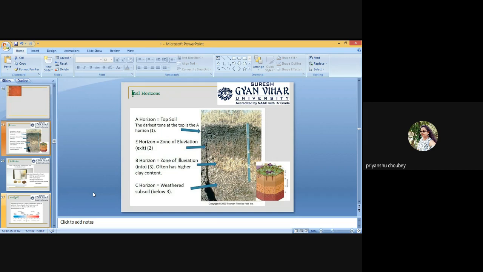A soil horizon or soil profile is a vertical section, with the individual layers within the soil profile called horizons.